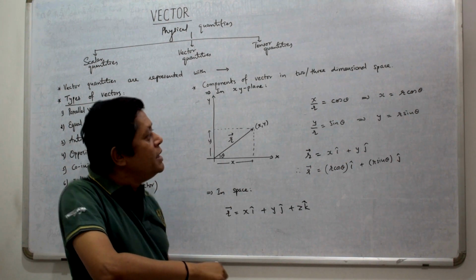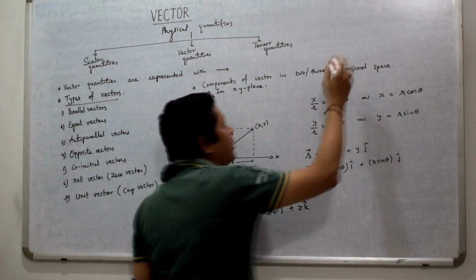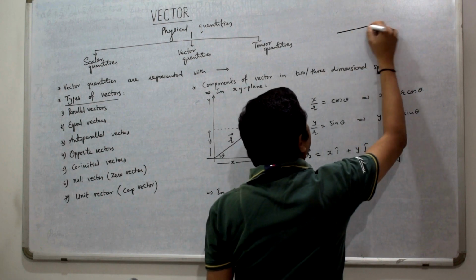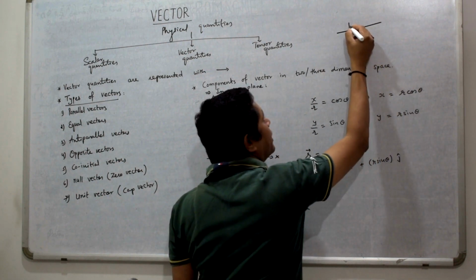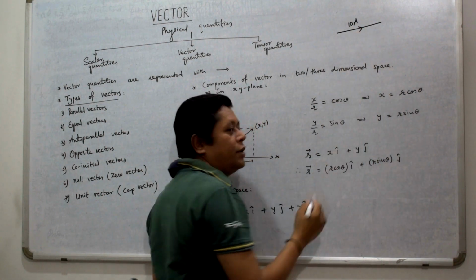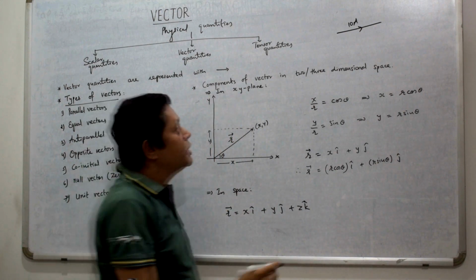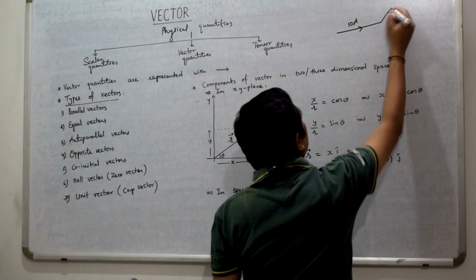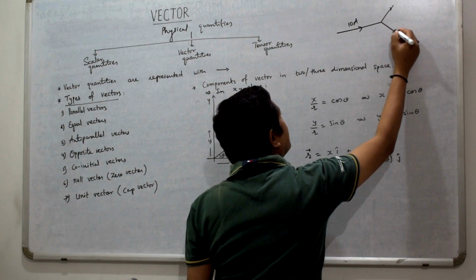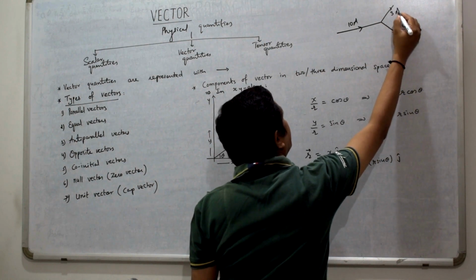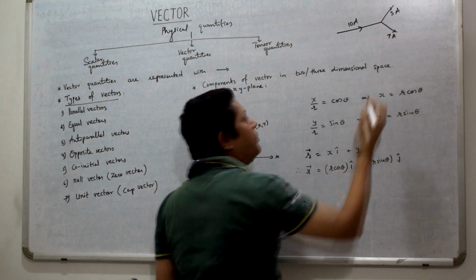For example, take the example of electric current. Let's say electric current is flowing through this wire, 10 ampere current is flowing through this wire. If this is splitting into two branches, let's say in this branch it is 3 ampere, in this branch it is 7 ampere.